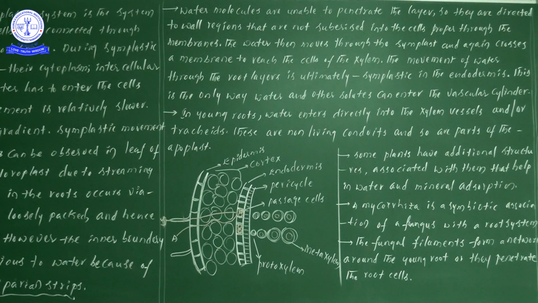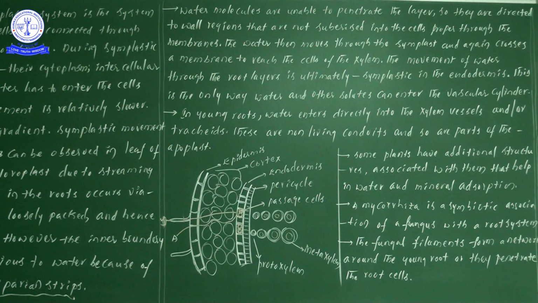Fungal members are there, fungus is there, so why are these fungal members associated with the root system or higher plants' root system? What is the use? The fungal filaments form a network-like structure around the young root, or they penetrate into the roots.